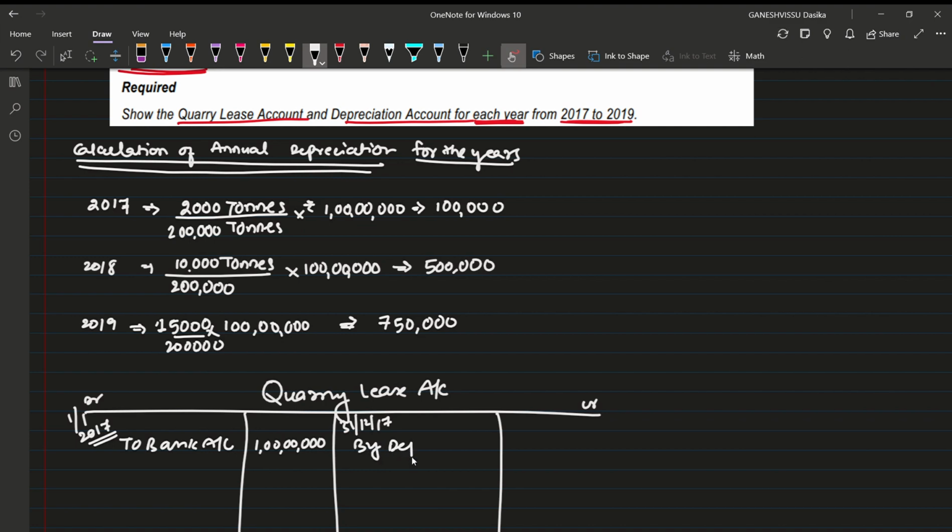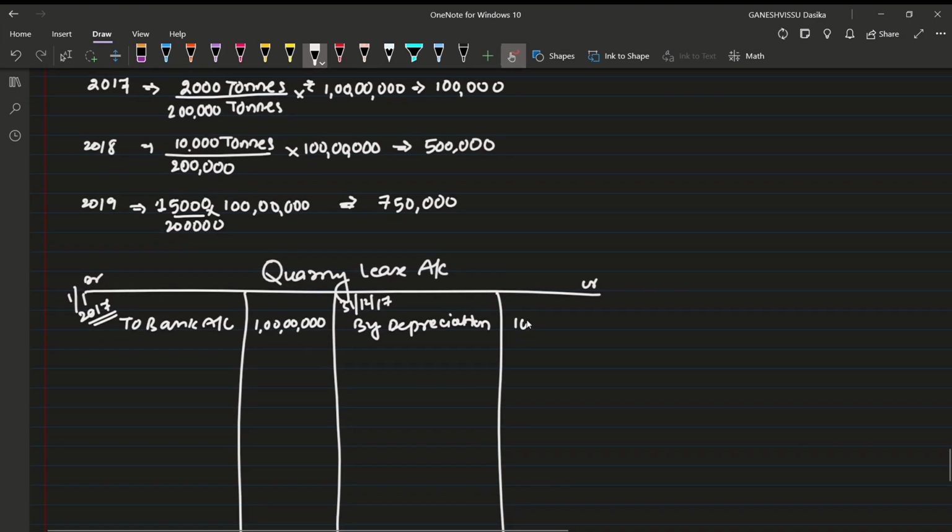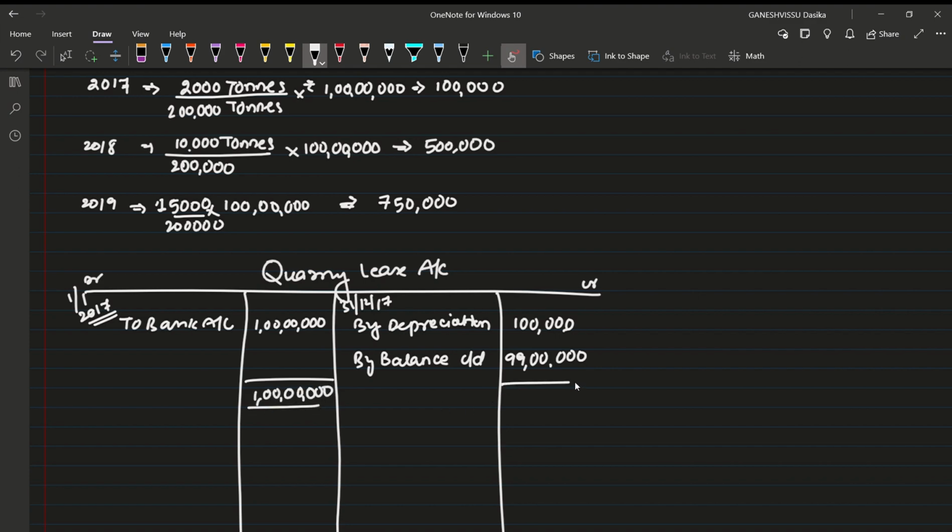We write here by depreciation account 1 lakh rupees, and by balance carried down 1 crore minus 1 lakh is 99 lakhs. 99 lakhs plus 1 lakh is 1 crore. So 1 crore is the total here.